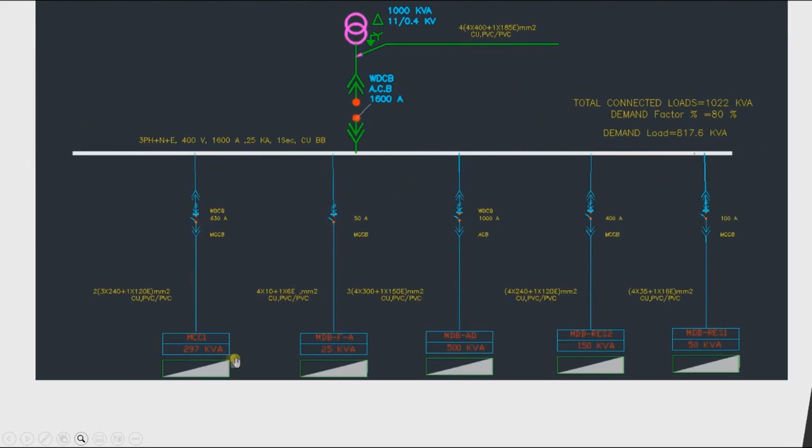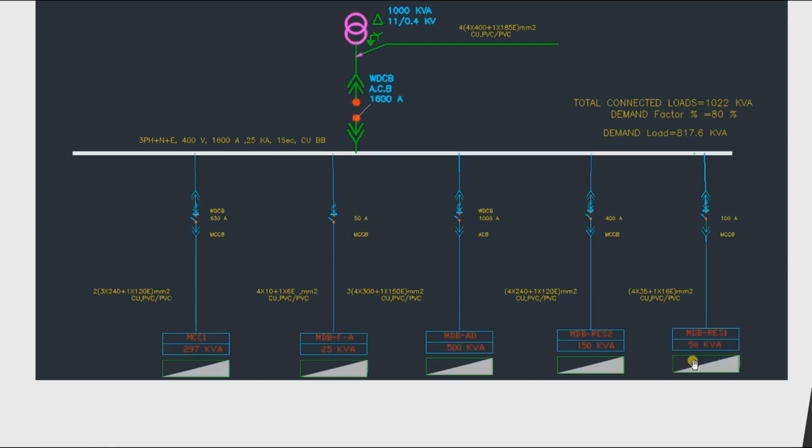So you can see this one. How many distribution boards do we have? 1, 2, 3, 4, and 5. So we have 5 distribution boards. Each of these represents what? The demand load, or diversified load, after applying the diversity factor in each building. If you remember, in the first building we had 250 kilovolt-amperes, for example.